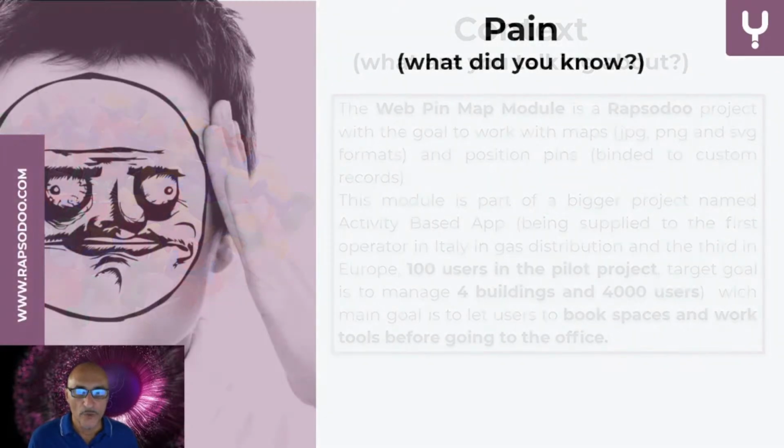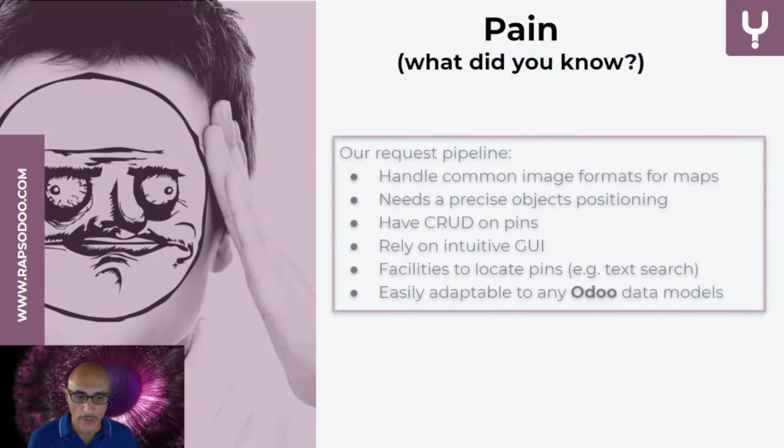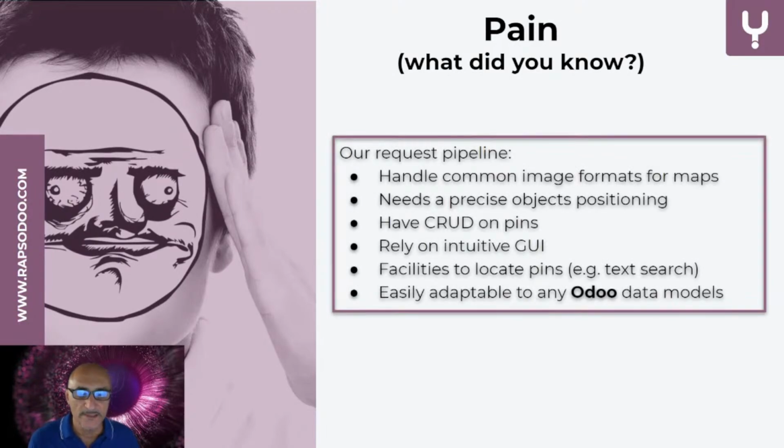What did we know? Okay, we had very important requests to take care of to accomplish this project. We had the need to handle at least 3 kinds of image formats, JPEG, PNG and the vectorial SVG.